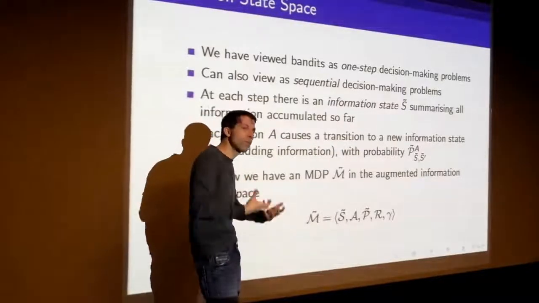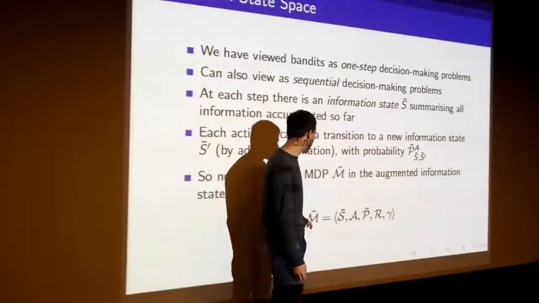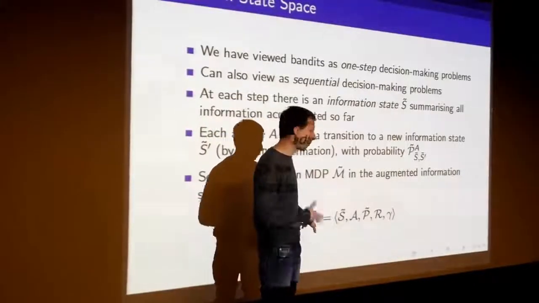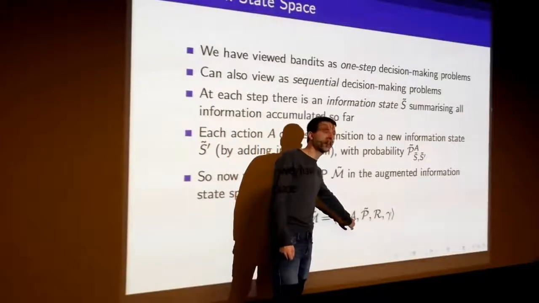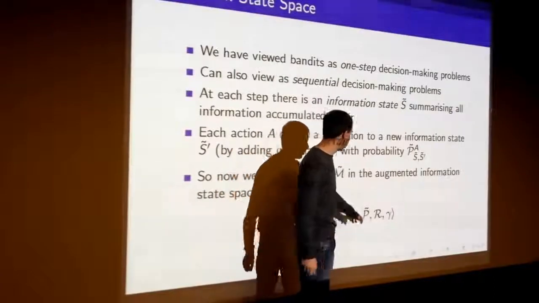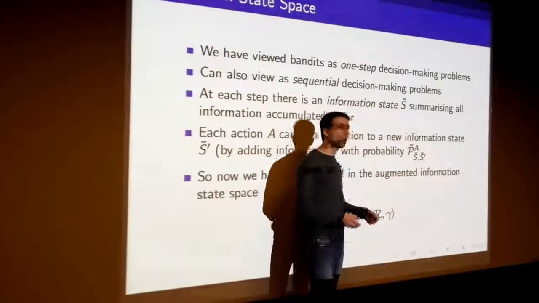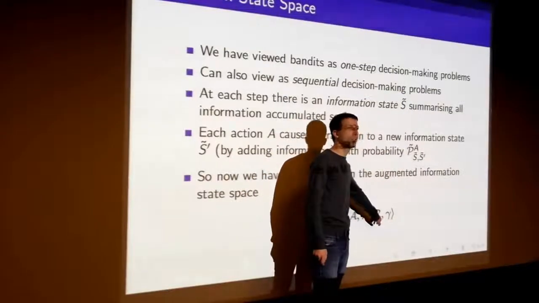So we've augmented our original bandit problem into an augmented information state space. We've got this M tilde, that's our overall MDP. And now we've got this information state space. We've got our normal action space, these are the levers, the arms of my bandit. We've got our transition matrix, this is the way that we transition from information state to information state. We've got my normal reward function.